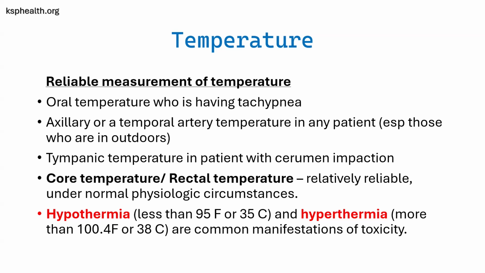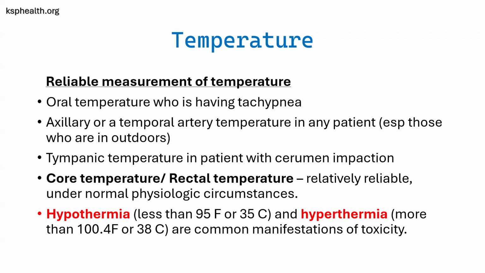Sometimes tympanic temperature may be misleading in a patient with cerumen impaction. So all this needs to be considered when you rely on the numbers you get from the nurse. The most reliable temperature measurement is core temperature or rectal temperature under normal physiologic circumstances.